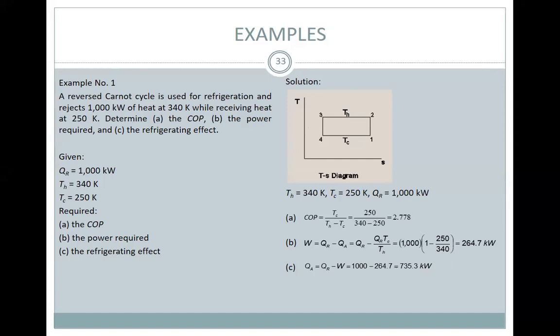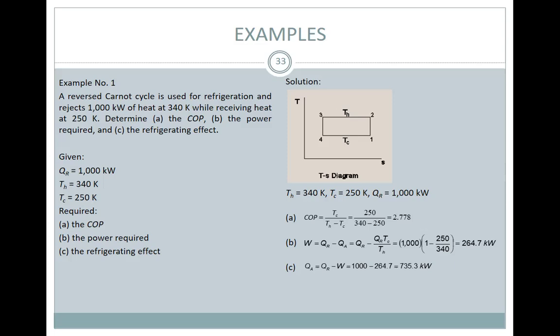So, sabi nga, pinsan, pwedeng refrigerating effect is dapat kilojoule per kilogram or pwede naman siya maging kilowatt. Depende. Pero normal, ang standard difference talaga, the definition of effect is per unit mass.